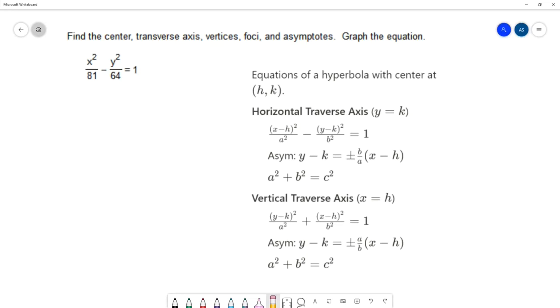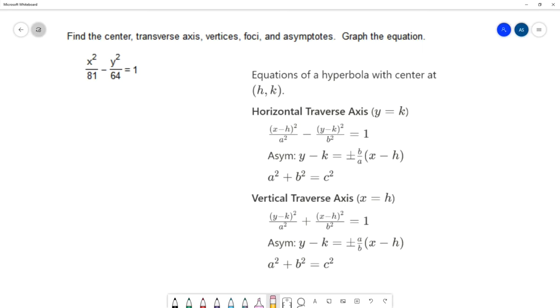So what I like to do first is to figure out the orientation of this hyperbola. The orientation is either going to be horizontal or vertical.